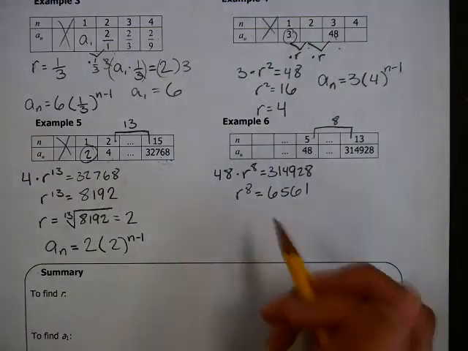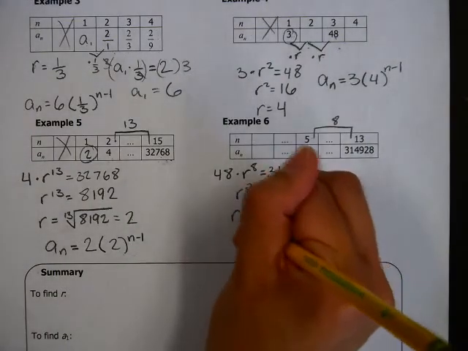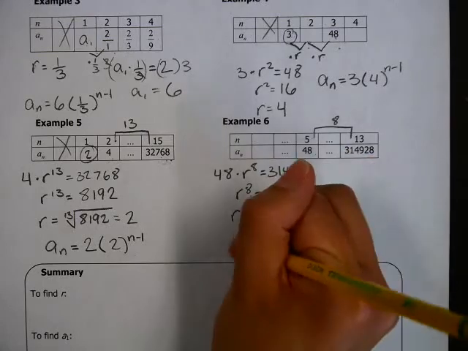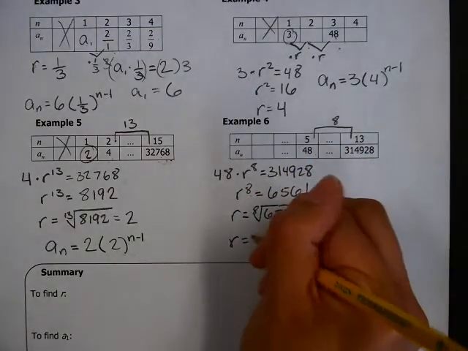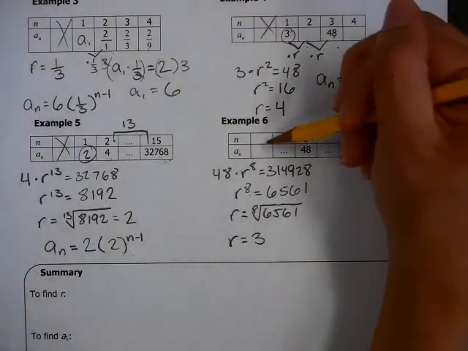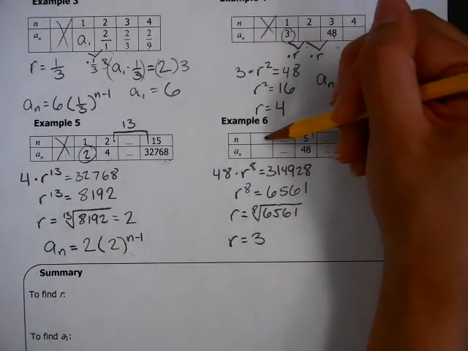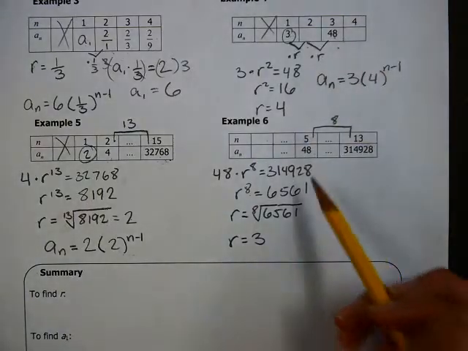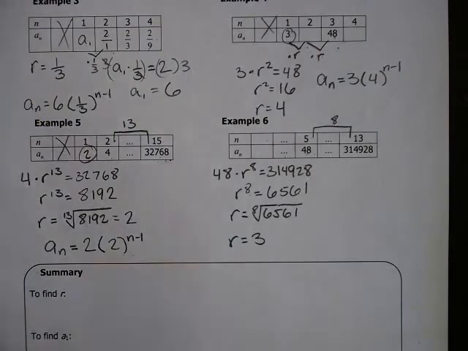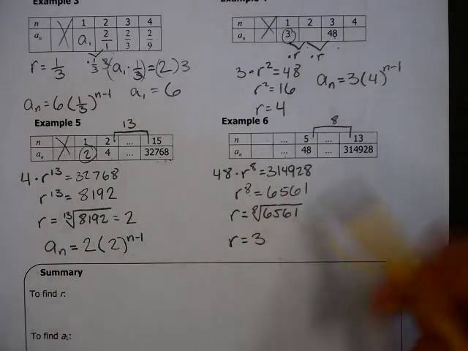Divide, so r to the 8th is 6,561. So this time we need the 8th root of 6,561, and our common ratio is 3. I also made it harder for us to work our way backwards to find the first number. So you could keep dividing 48 a few times until you get there, or we could use the same process.